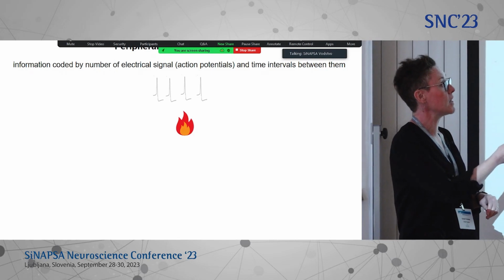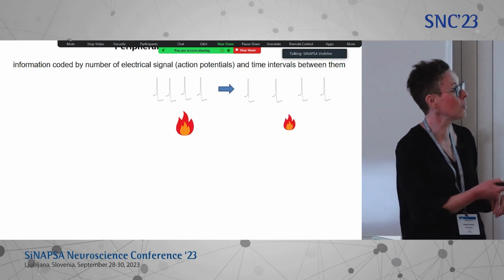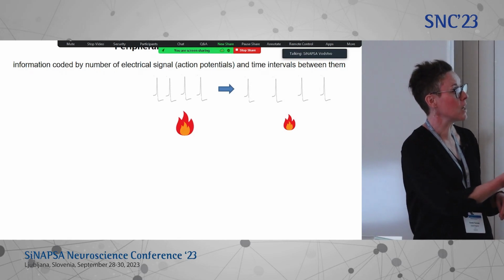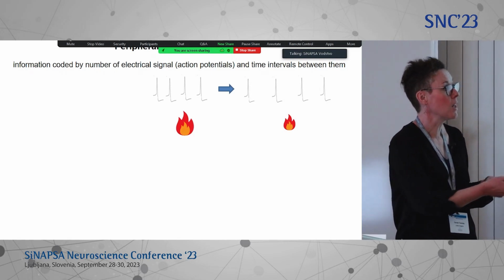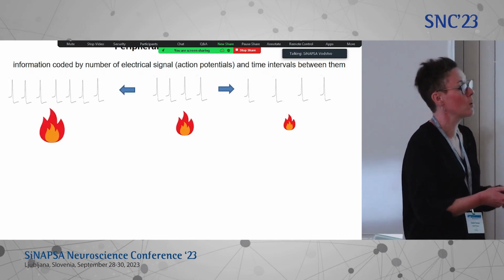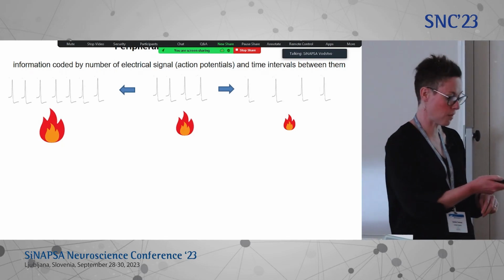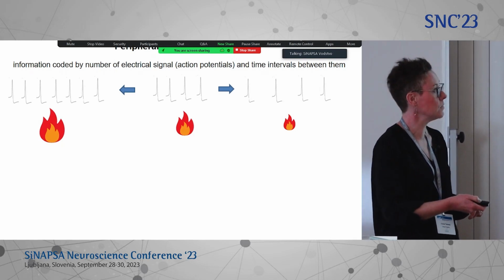So if these action potentials encode the level of pain, if those action potentials are more spread out, that would indicate a smaller pain stimulus, whereas if you have more action potentials, that would signify more pain.